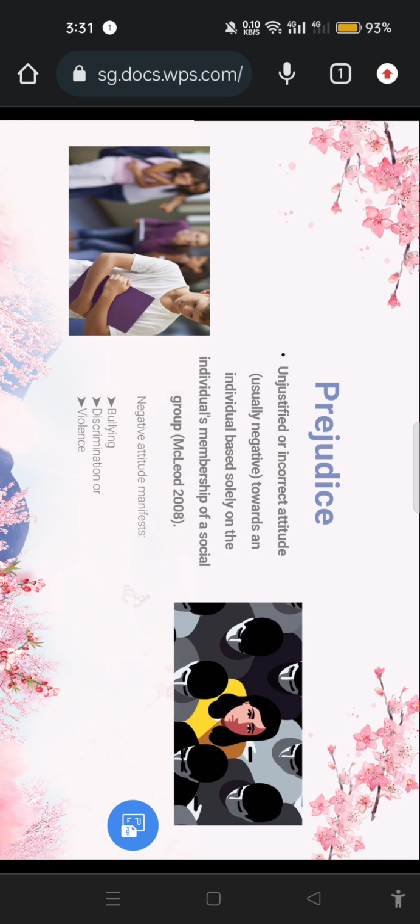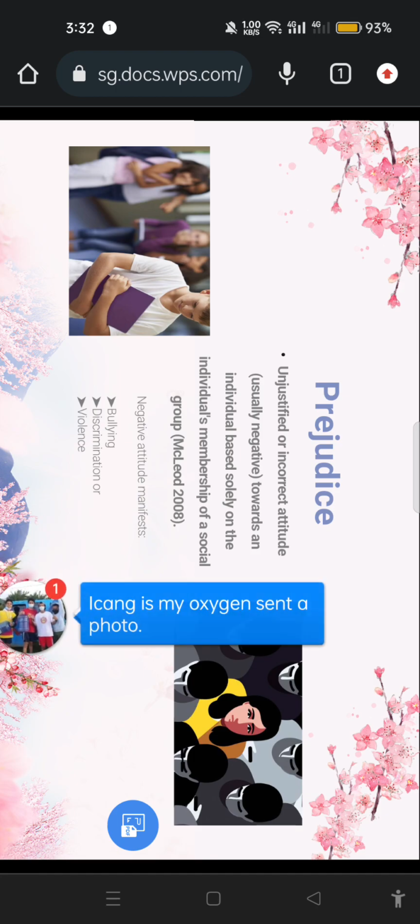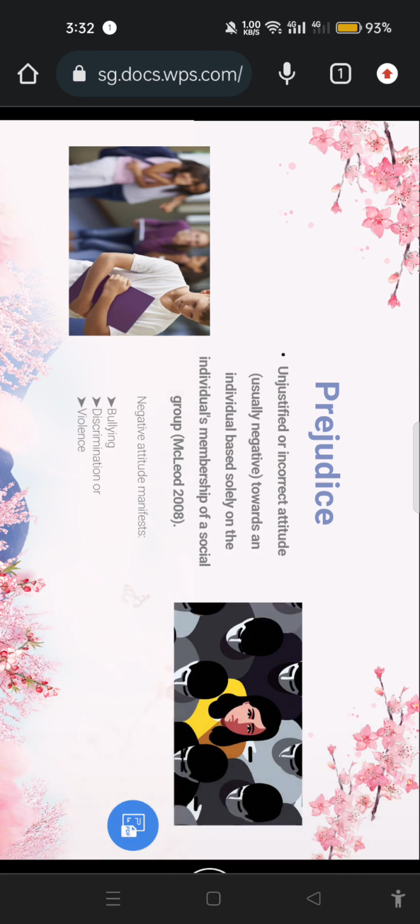So this negative attitude could lead to negative actions, which makes it really dangerous. An example of these negative actions are bullying, discrimination, and violence. Like when a certain company will not hire an individual because he or she is an Asian.